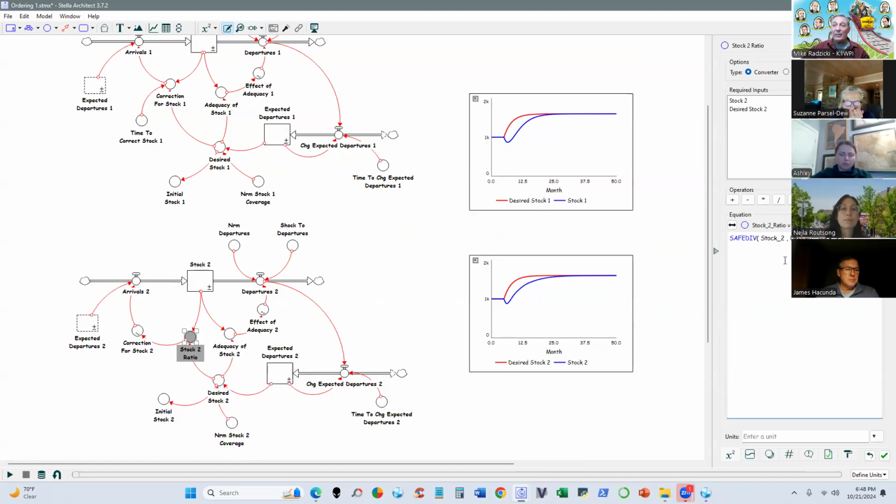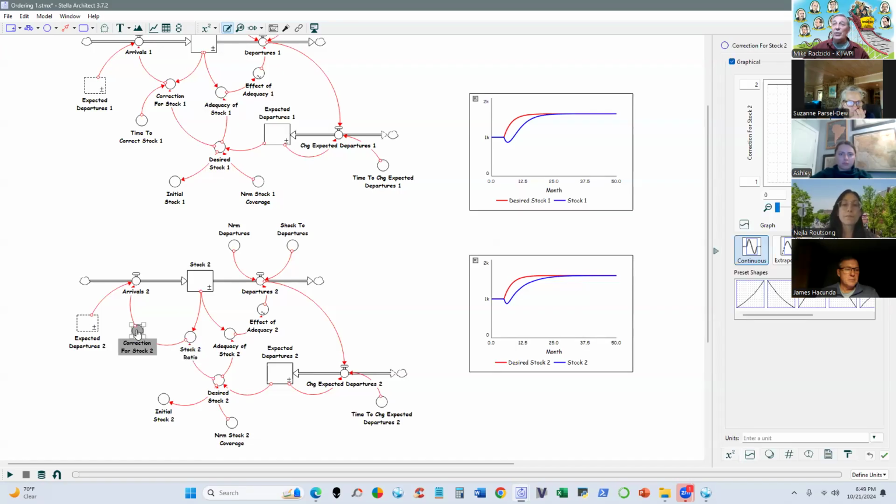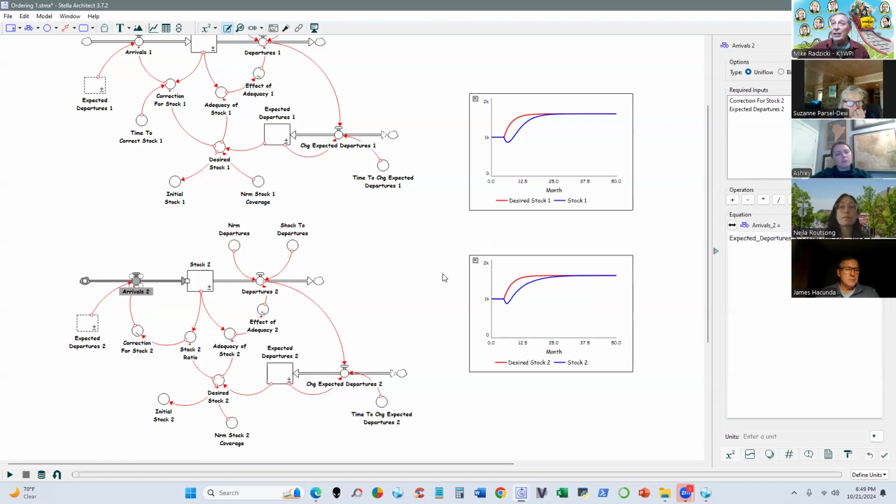So that's the adequacy of the stock over here. Call this stock ratio 2. This goes into a correction for stock 2. And the equation here is your expected departures times the correction for stock 2.